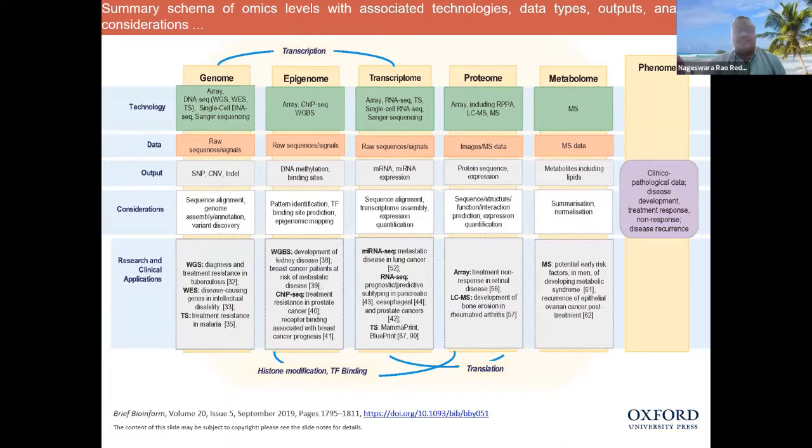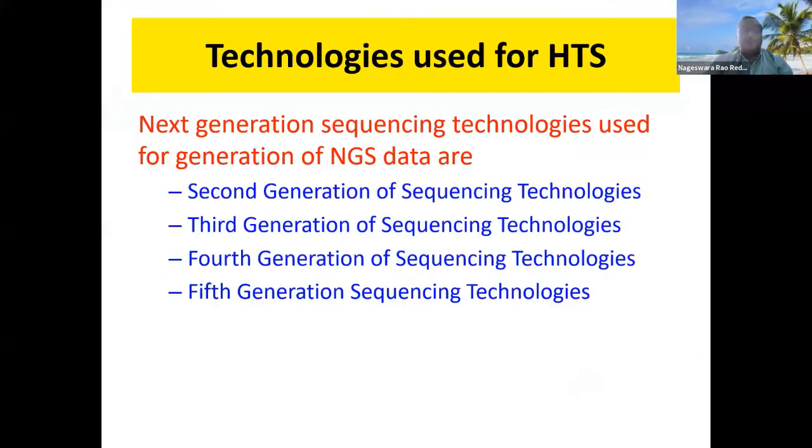All these studies are done using high throughput sequencing. For genome sequencing, we use all these technologies, except the first generation: second generation, third generation, fourth generation, and fifth generation sequencing technologies.